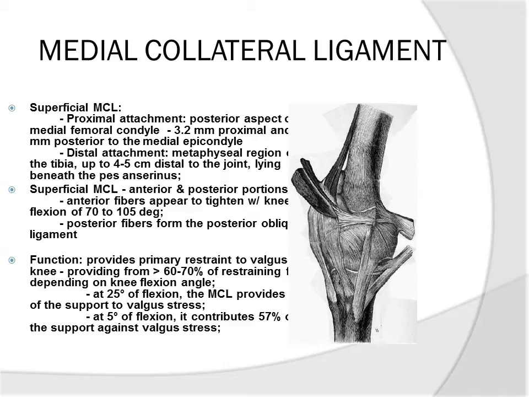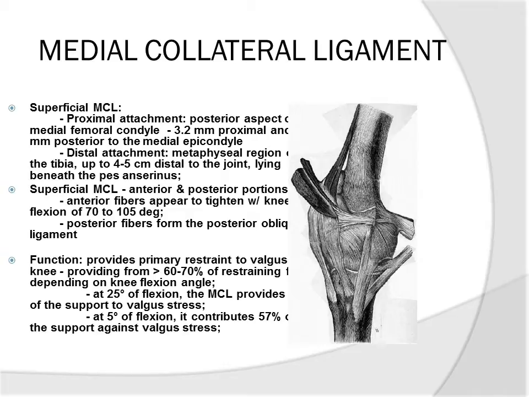Then the superficial medial collateral ligament can be divided into anterior and posterior portions. And I'll outline those here. Here's the anterior portion, and then here is the smaller posterior band of the MCL.